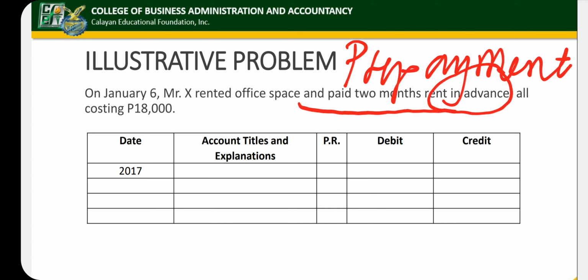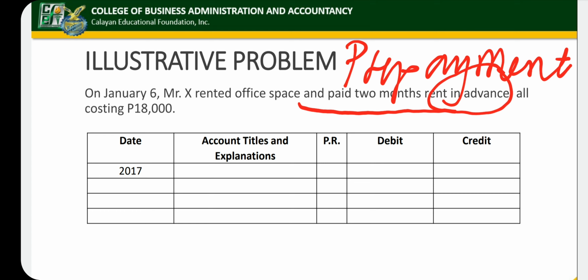So, when we make payments in advance, we initially record it as part of our asset in the form of prepaid rent or prepaid insurance or prepaid subscription, depending on the nature of the transaction, di ba?